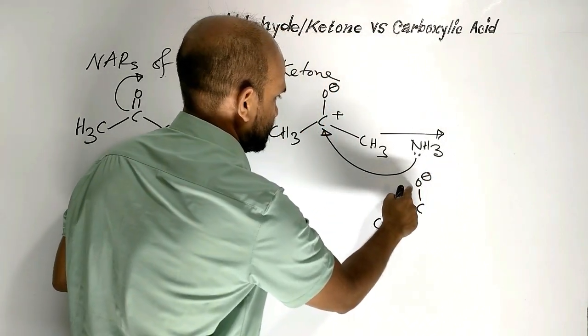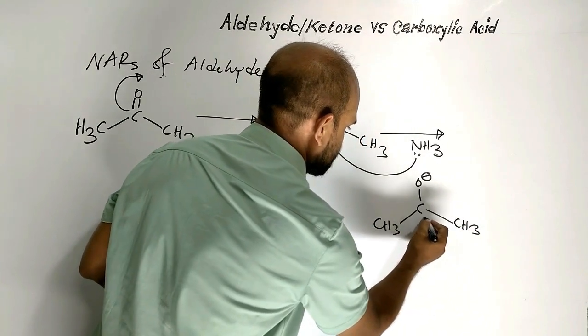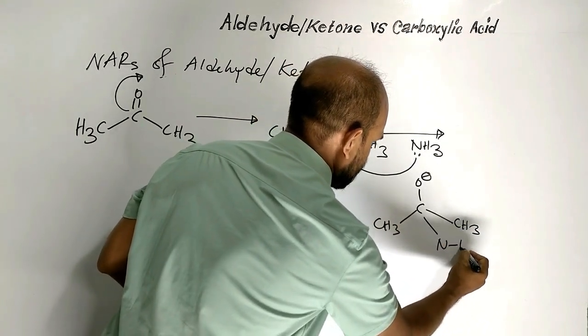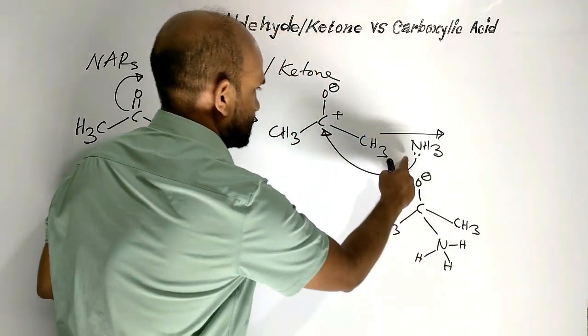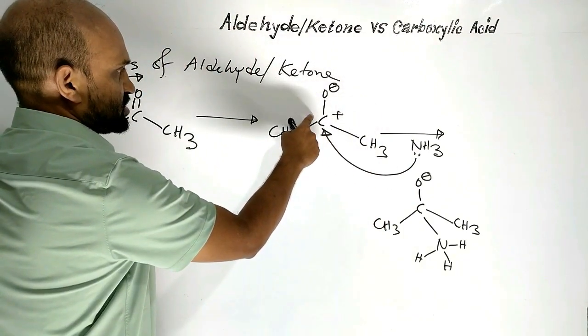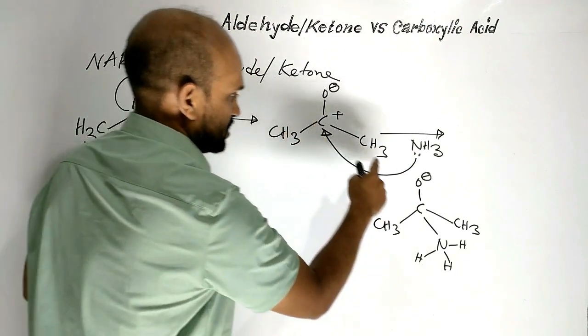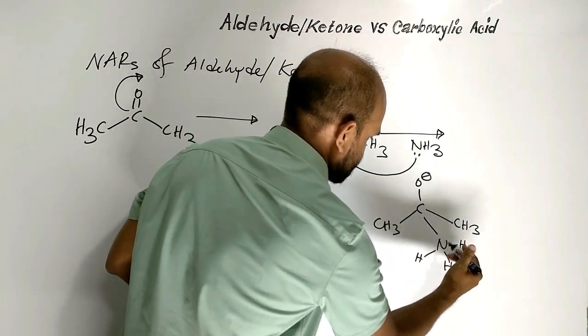Oxygen is negative in charge, methyl group, here NH3. Nitrogen forms a bond to the positively charged carbon. That is why the positive charge shifts to the nitrogen.